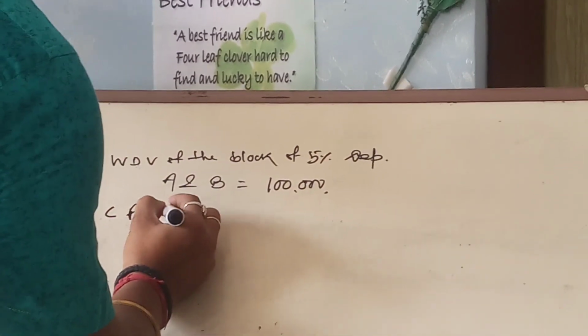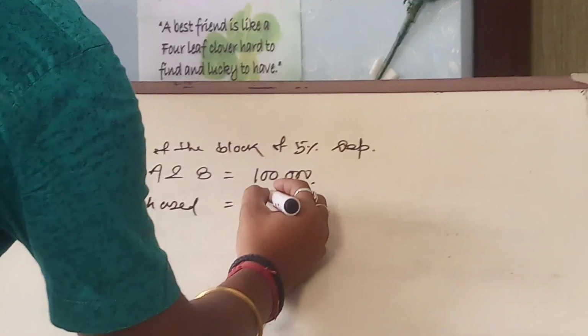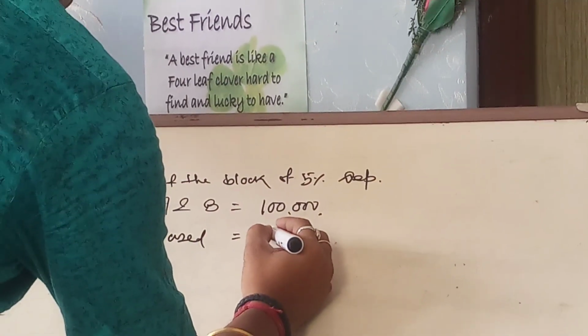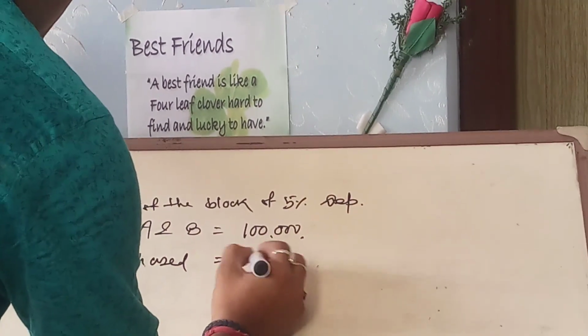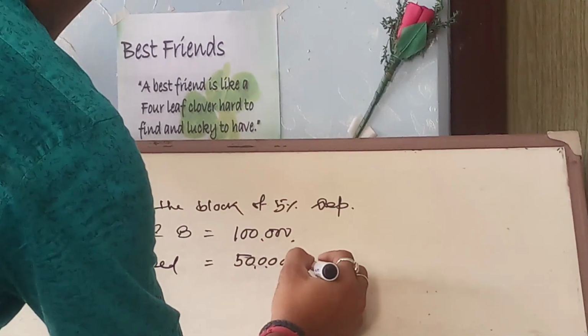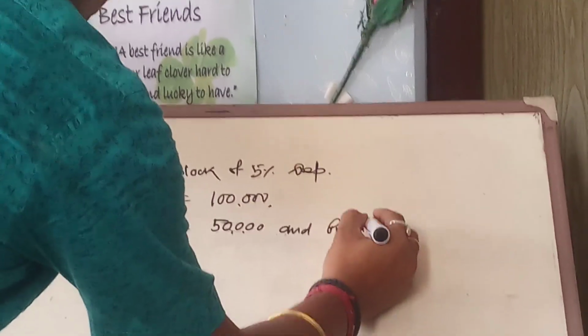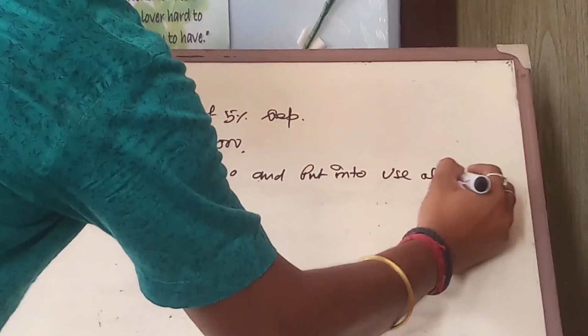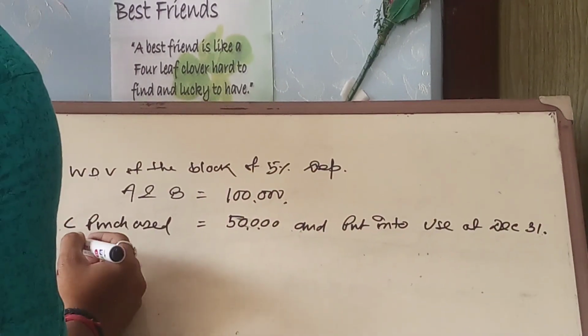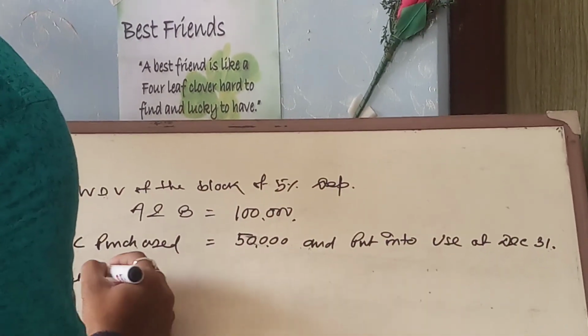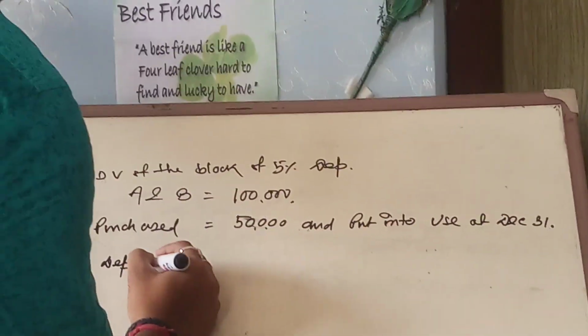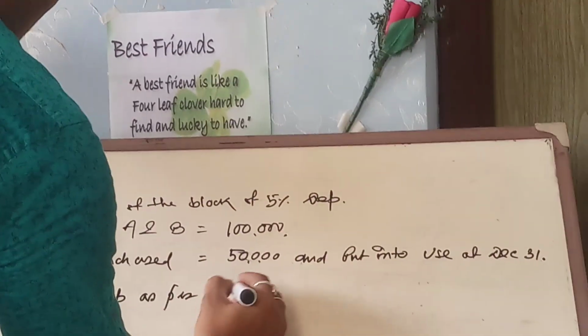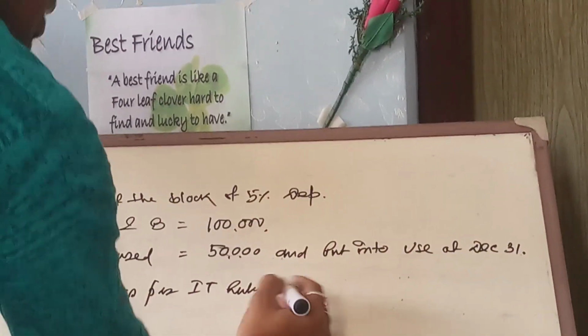C was purchased for rupees 50,000 and put into use on December 31st. Calculate depreciation as per IT rule.